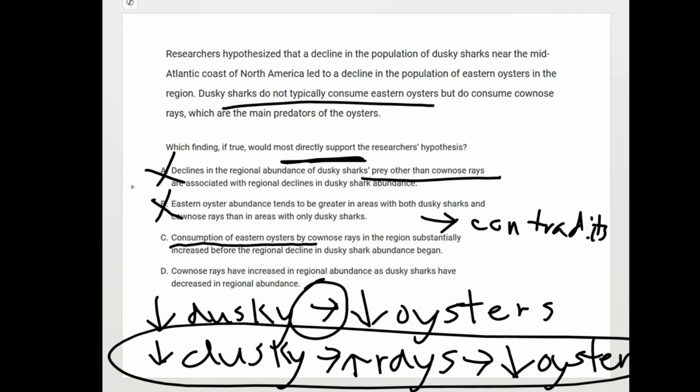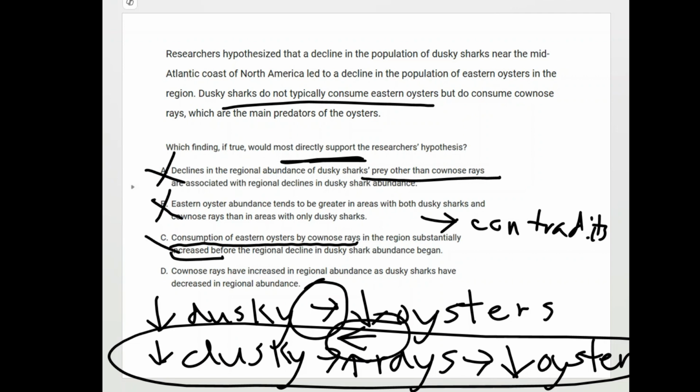Consumption of eastern oysters increasing doesn't really affect the claim in any way. And the consumption of oysters shouldn't have anything to do with the decline in dusky sharks. It's the other way around. The decline in dusky sharks changes the relationship with oysters. In fact, this choice seems to turn the arrow the other way, like that.